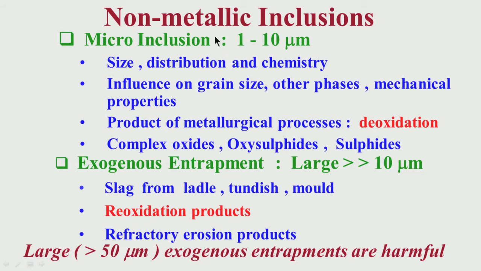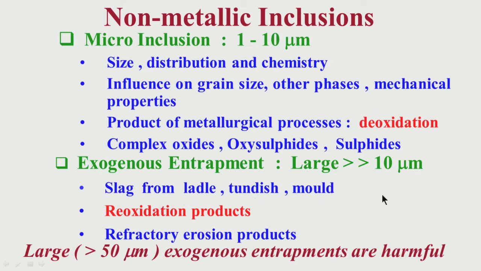So, these inclusions basically are sulfides, complex oxides, or oxysulfides. These are micro inclusions. Now, I have talked about exogenous entrapments; they are large in size. Micro inclusions are normally small in size, and are metallurgical products coming out of metallurgical reactions like deoxidation during steel making. But what are exogenous entrapments? I have mentioned some of them, like slag from the ladle.